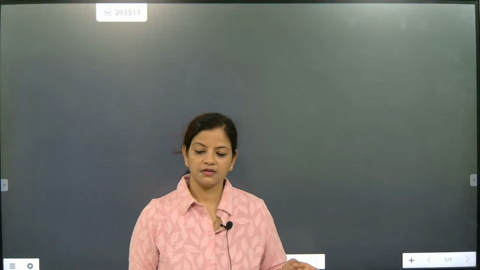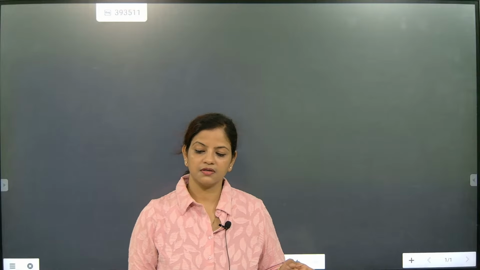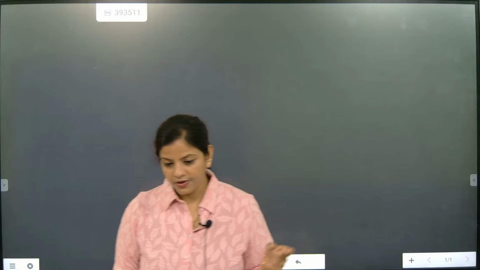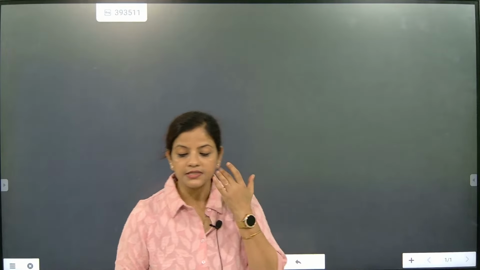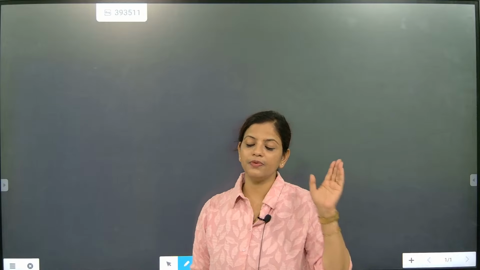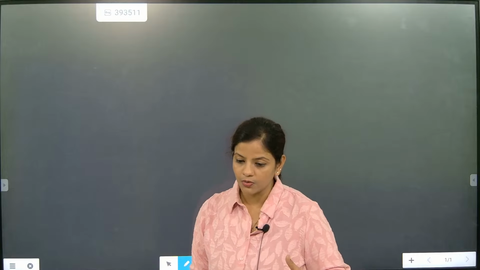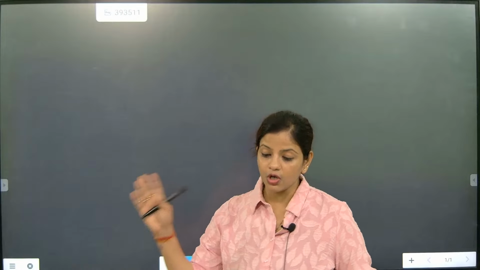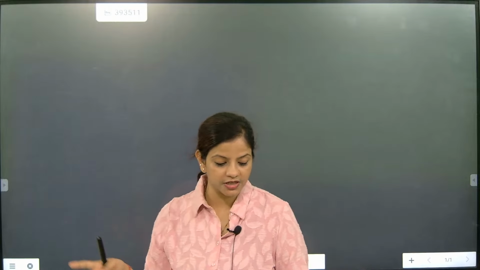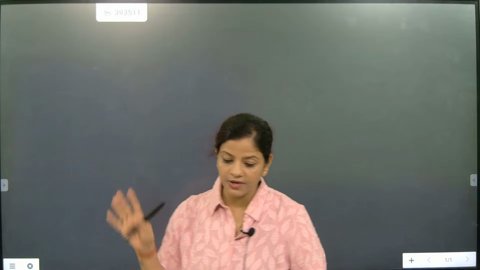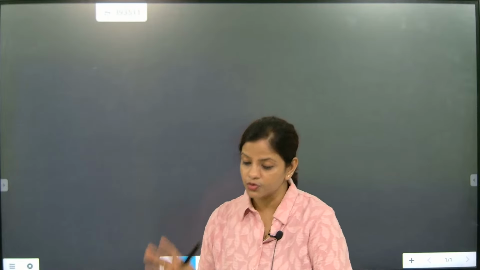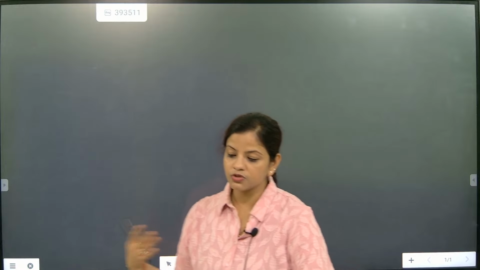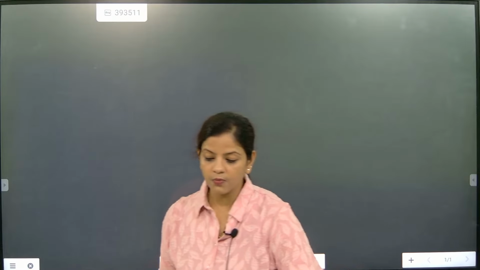The number of cones will be equal to the volume of the cylinder divided by the volume of one cone. That is the volume of the cylinder, meaning the content which is full of ice cream, divided by the sections, how many are needed. So these types of questions will come in your exams. They are some of the most important questions, and you need to keep on solving questions like this. I hope you have understood.